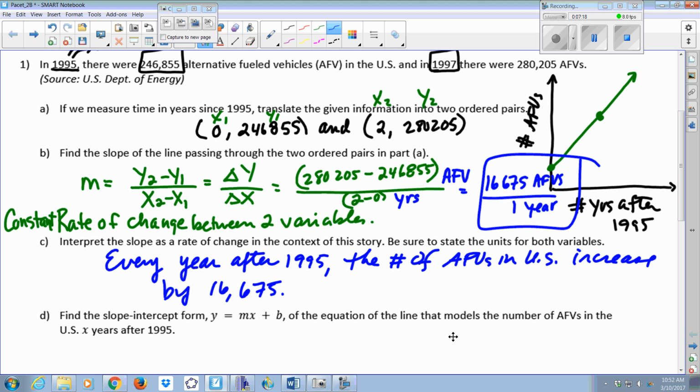Because I simplified this. I took this number divided by 2, and then I simplified, because if you look at this, this is going to be 32,000 something over 2. So I've reduced the fraction to, yeah, right. So this is 33,000 something over 2, and I just reduced it down as far as I could because often we want to, it doesn't matter, but in this case, we often like to talk about our slopes as per 1 unit.